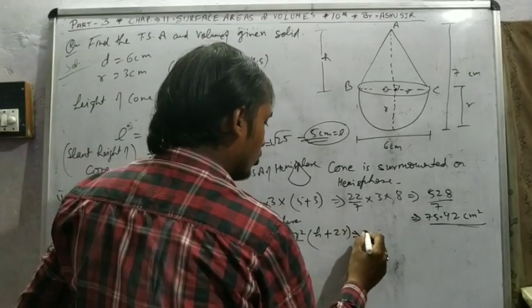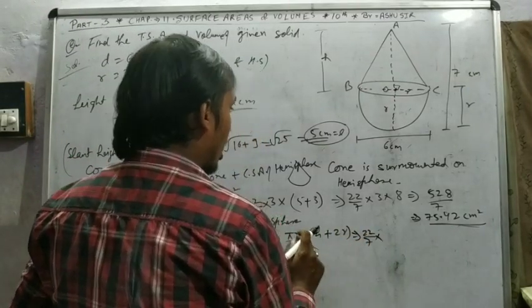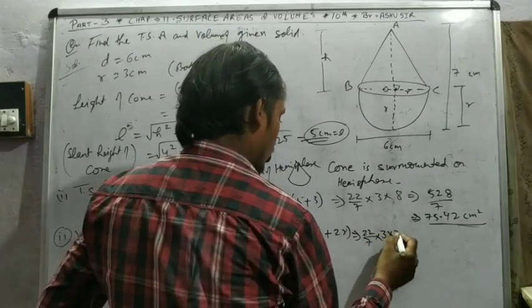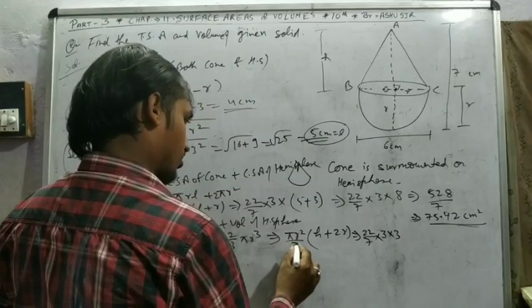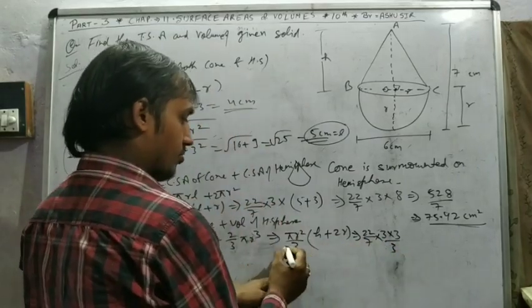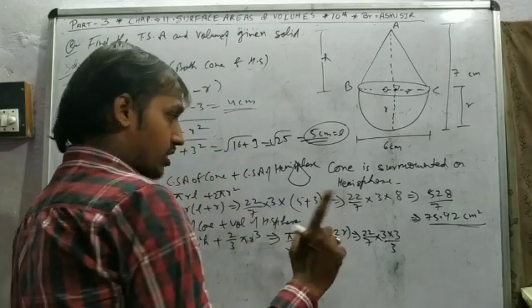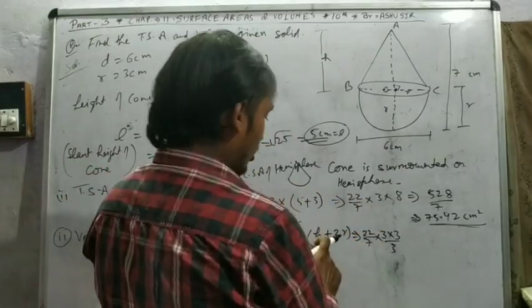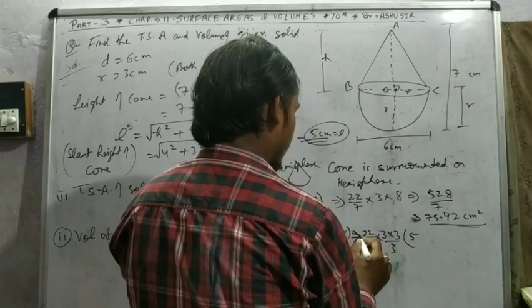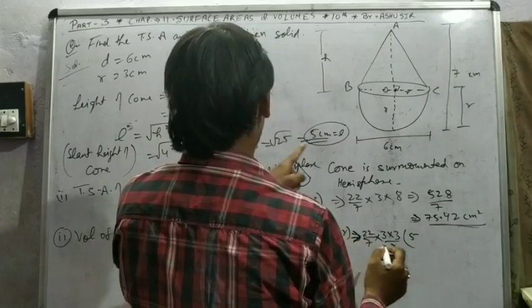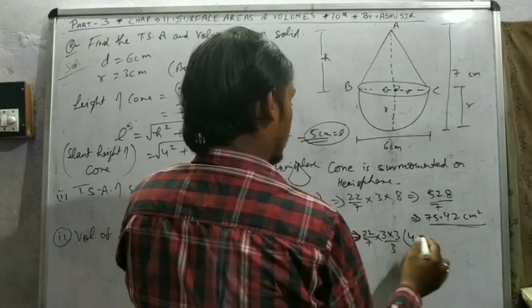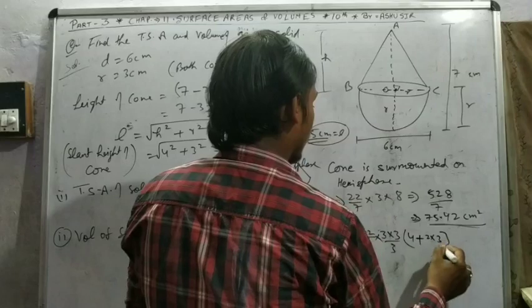Then we put the values, 22 by 7 and r value is 3. 3 into 3 and upon 3 is the same. h is 4 plus 3, 2 into 3.